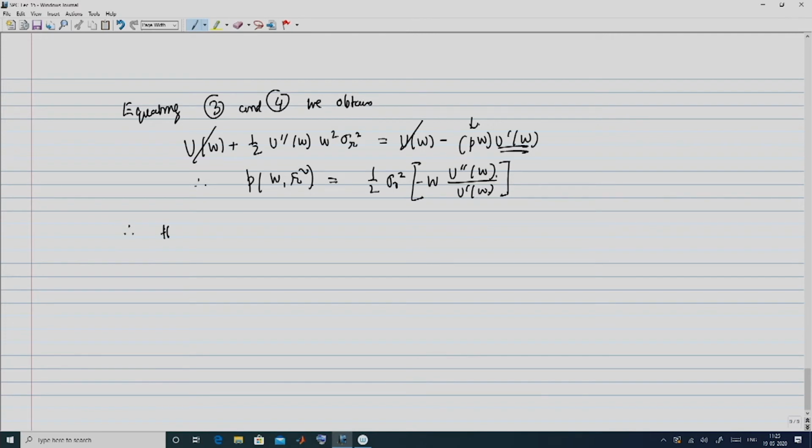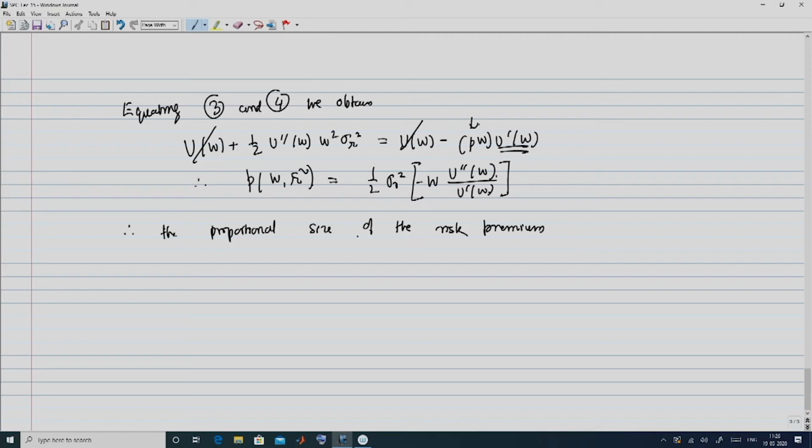So, therefore, the proportional size of the risk premium is a function.